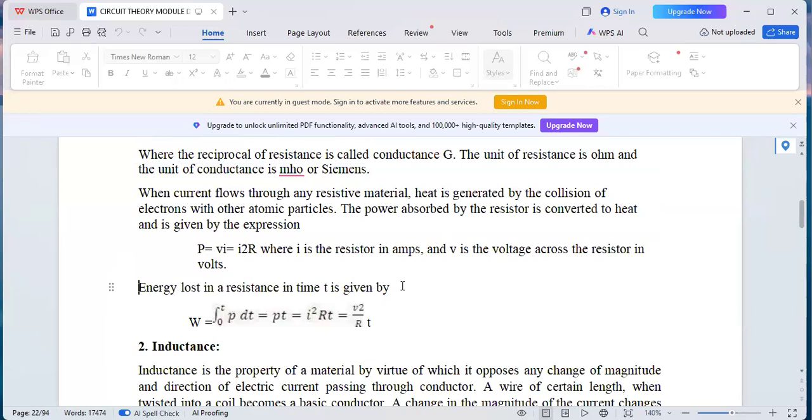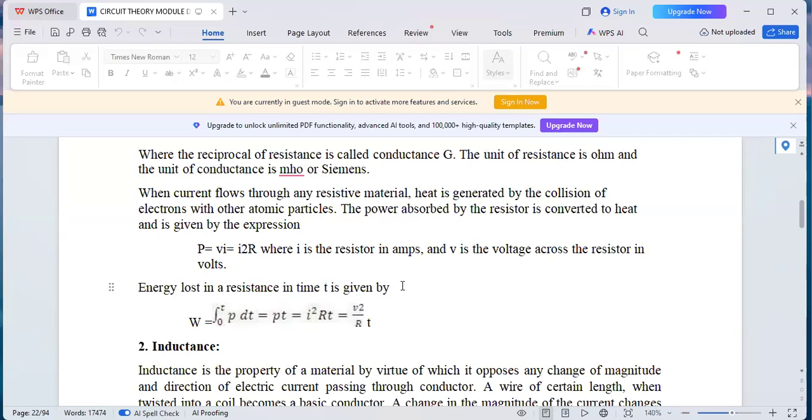When the current flows through any resistive material, heat is generated by the collision of electrons with other atomic particles. The power absorbed by the resistor is converted to heat and is given by the expression power equal to VI, and it's also equal to I squared R, where I is the resistor's current in amps and V is the voltage across the resistor in volts.